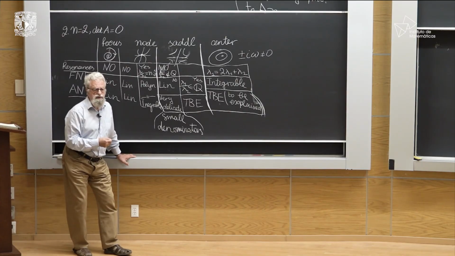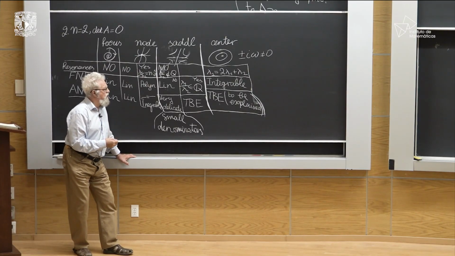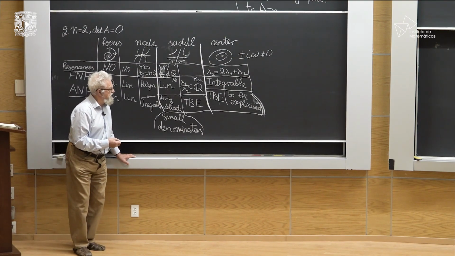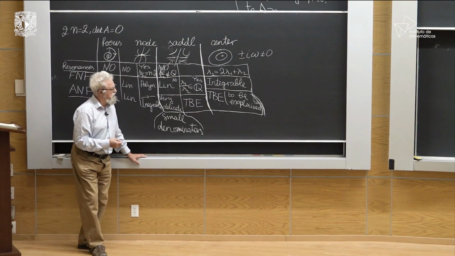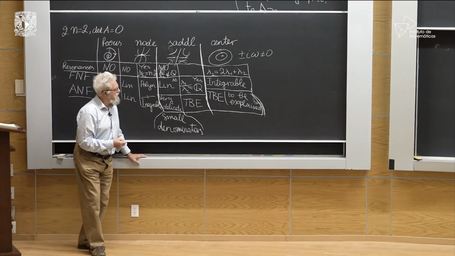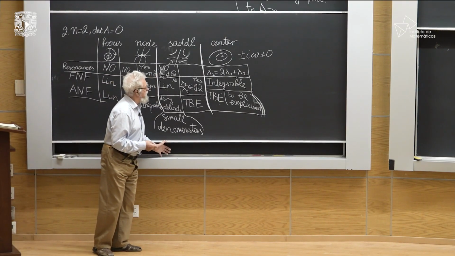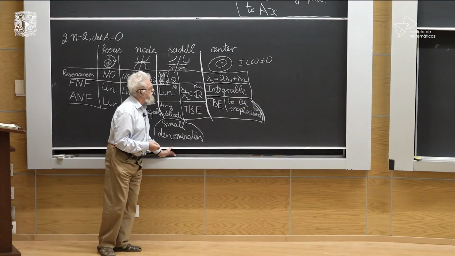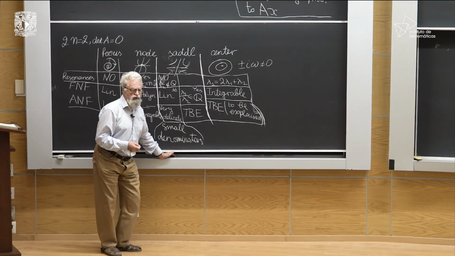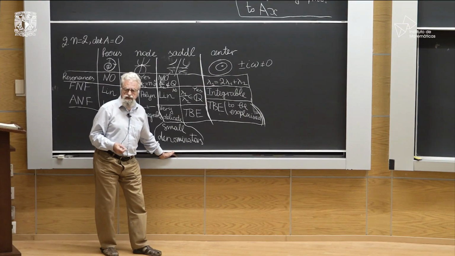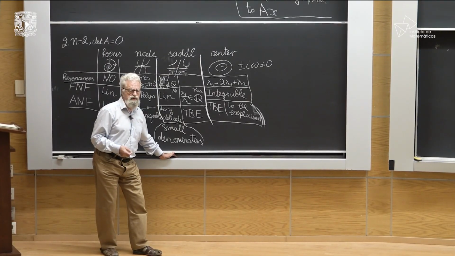And the first person who overcame this difficulty was Siegel in 1942, and he proved that if this ratio is not well approximated by rational numbers, then the normalizing series converge despite the existence of small denominators.